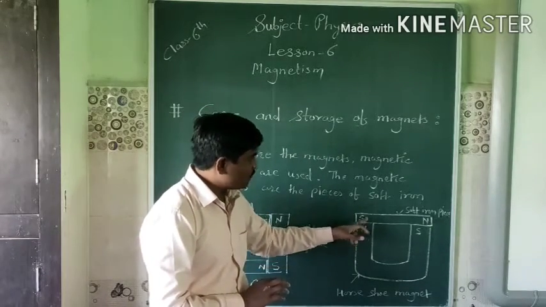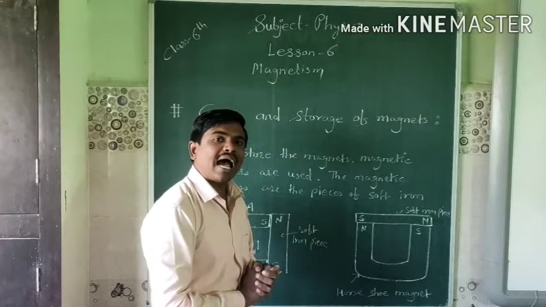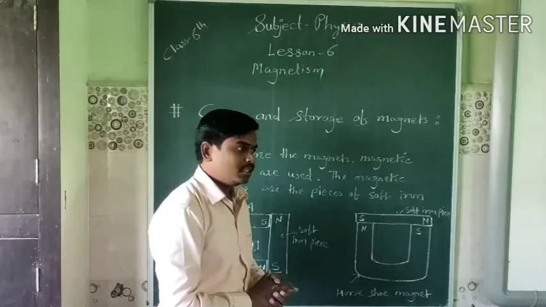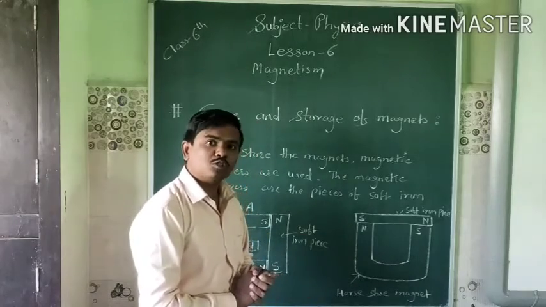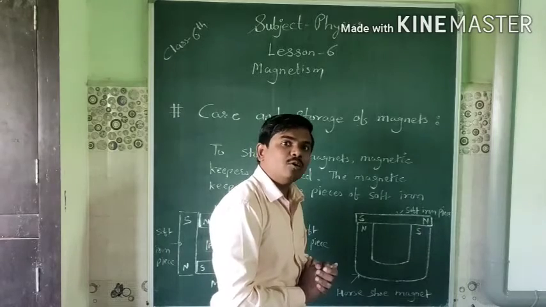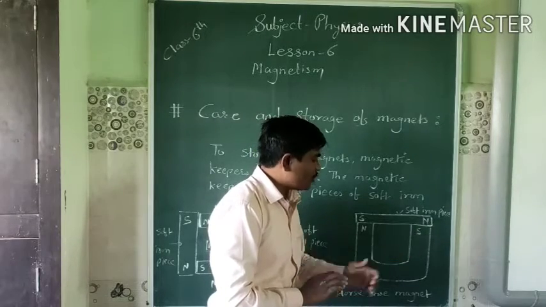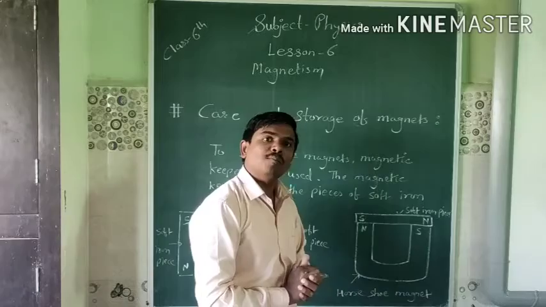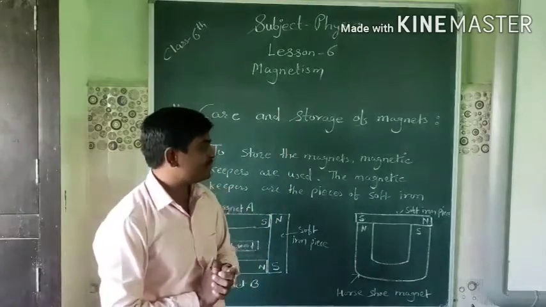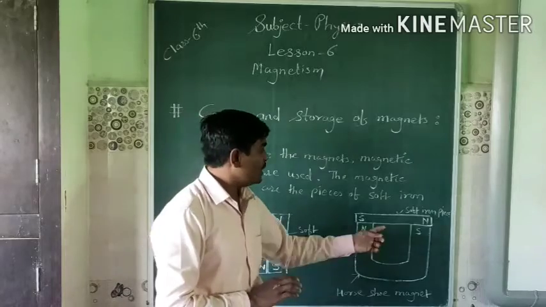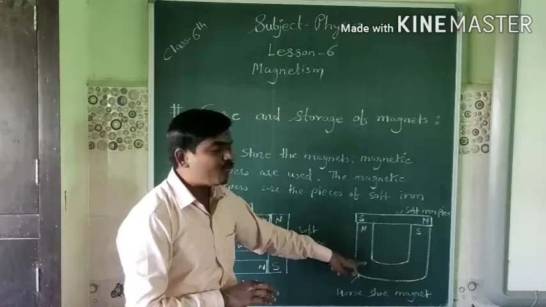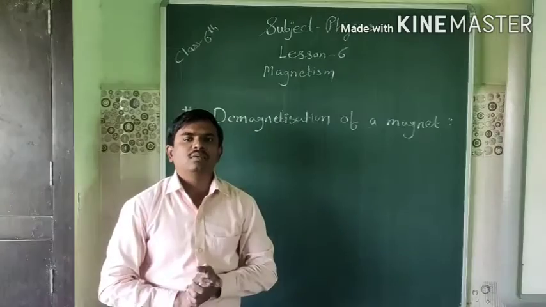This end of the soft iron piece gets the south polarity due to the north pole of the horseshoe magnet, and this end of the iron piece gets the north polarity due to the south pole of the horseshoe magnet. But students, a horseshoe magnet needs only one soft iron piece for its storage.